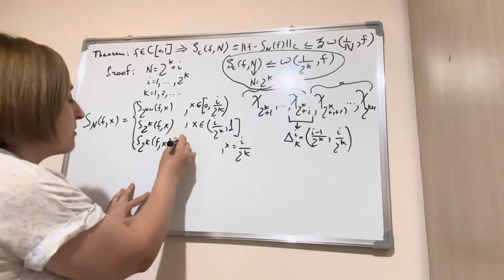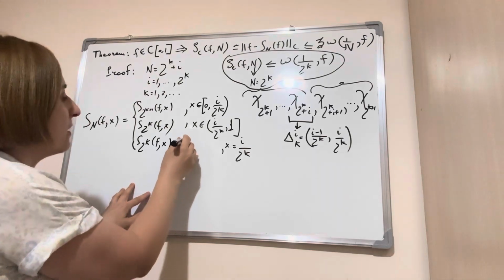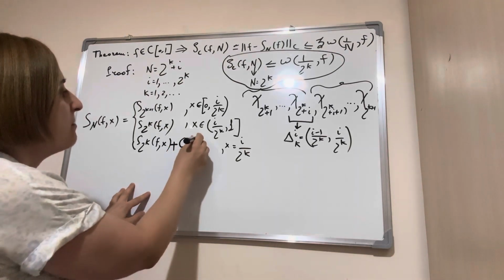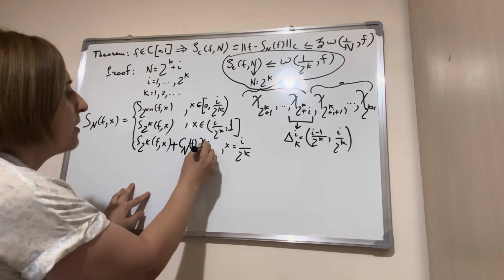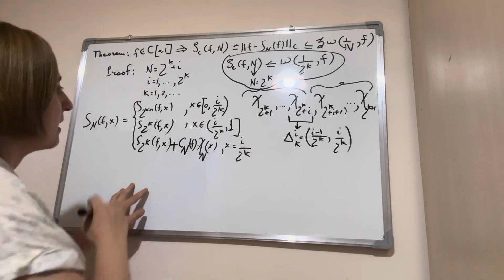Therefore, I am putting here the nth Fourier-Haar coefficient times the value of the nth Haar function at i over 2^k.